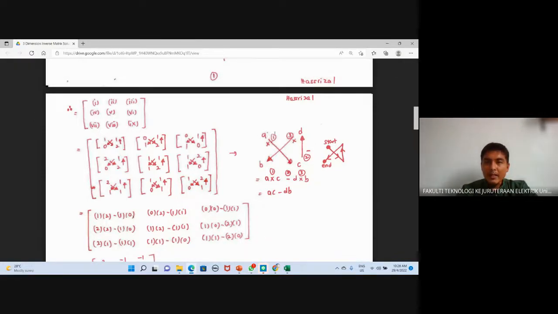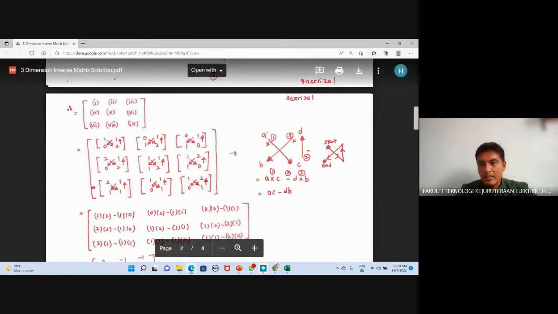Starting from A here, 1, 2, 3. Remember this pattern: A to C, D to B. The start point is here, follow and end at this part.